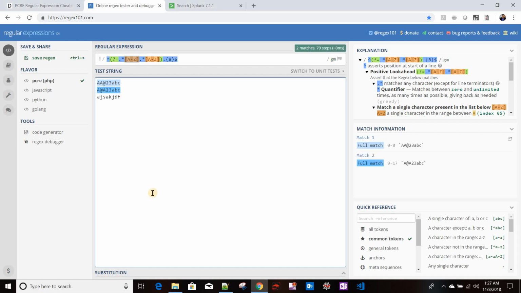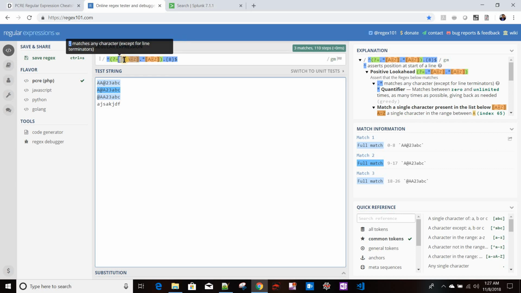And it may not start with A. It could be something like this, @AA. That's why this regular expression has been written.